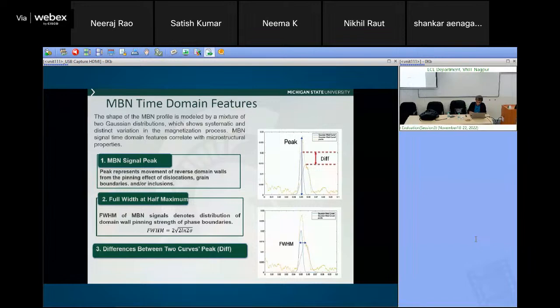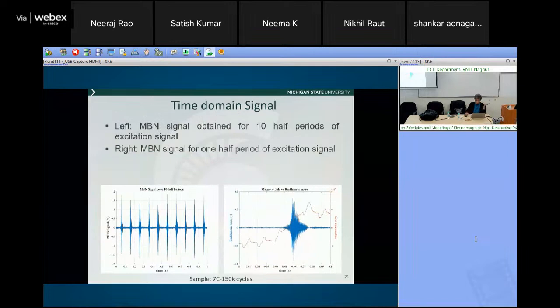And so what we are doing here is we are taking the envelope and fitting a Gaussian curve. Actually, you fit a Gaussian mixture envelope. So this is basically a method for extracting a quantitative feature from this very noisy signal that you see over here.